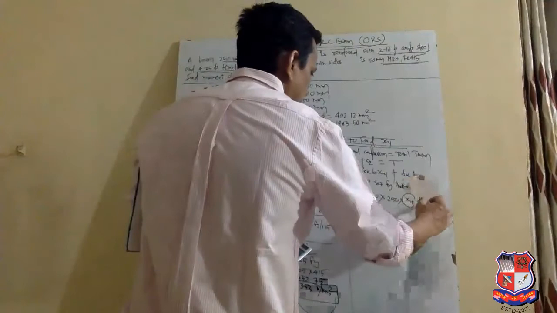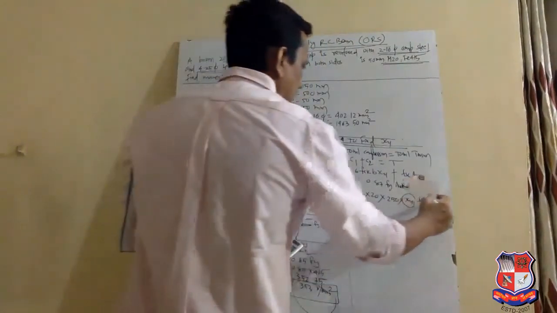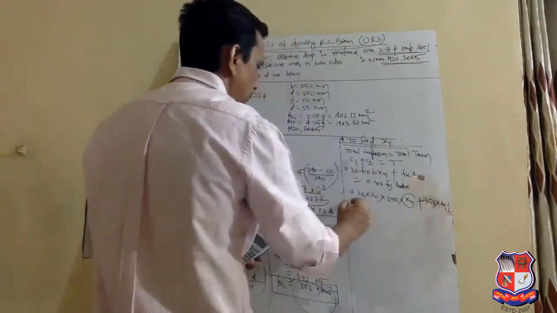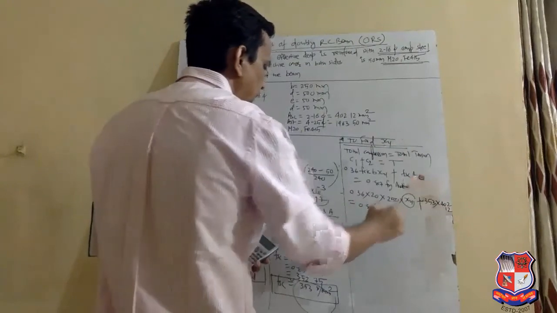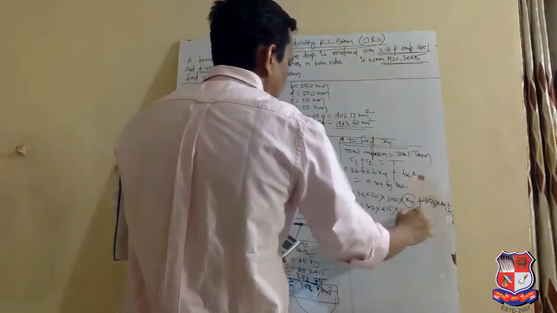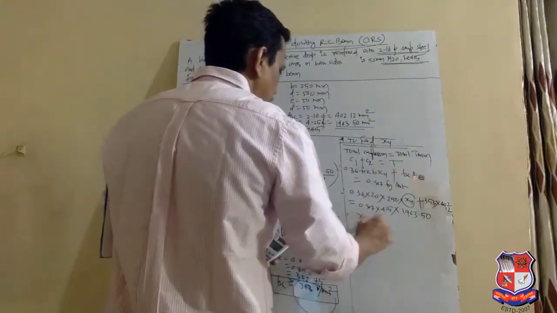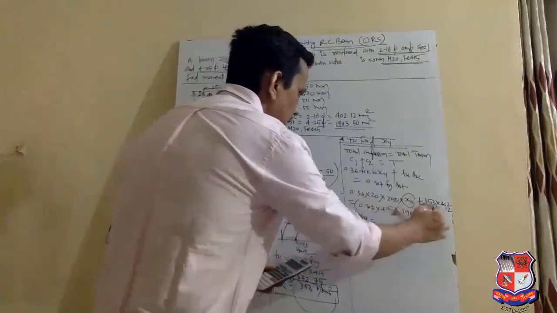FSC 353 and ASC 402.12 equal to 0.87, Fy is 415 and AST is 1963.50. When we do the calculation, we get the value of XU as follows.